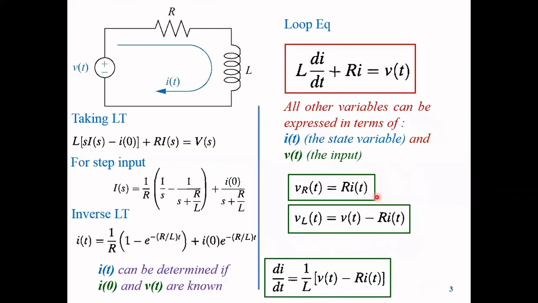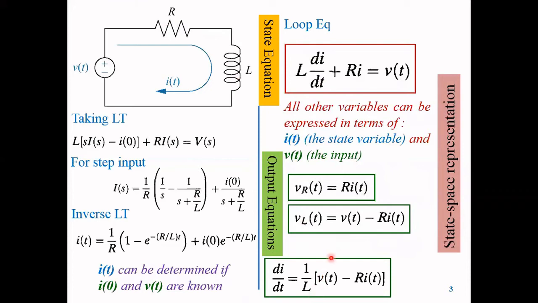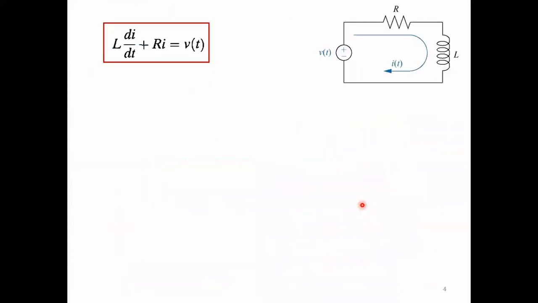This equation is our state equation that describes our system. This is the output equation, because we can take output from here or here, and this will be our state space representation.